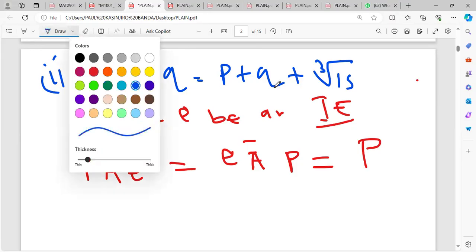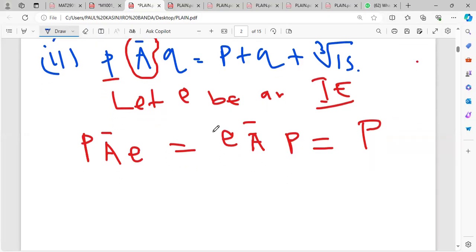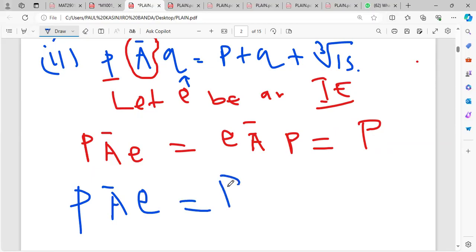Then from there, we replace wherever there's Q, the second element, with E, and solve for that E. So P A bar E is equal to P plus E plus the cube root of 15.